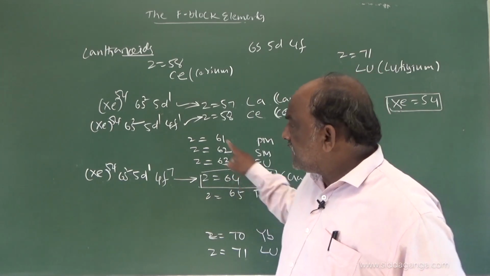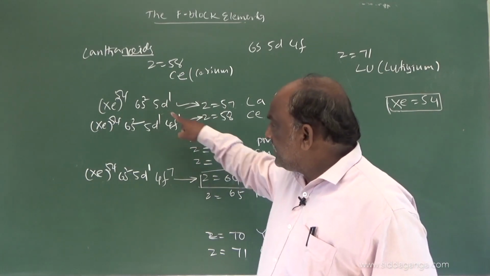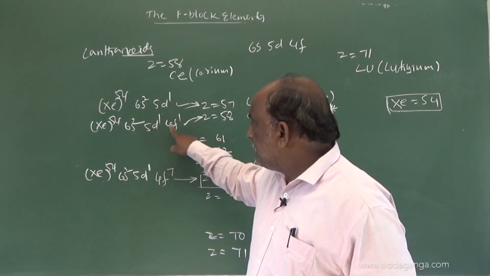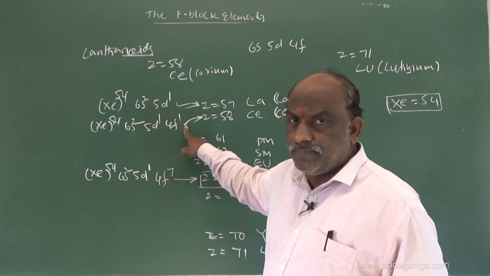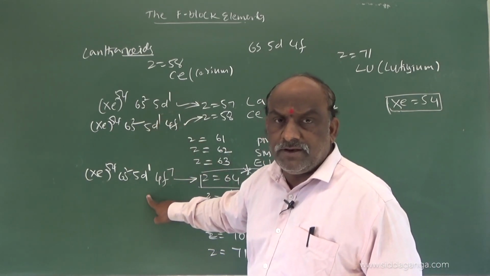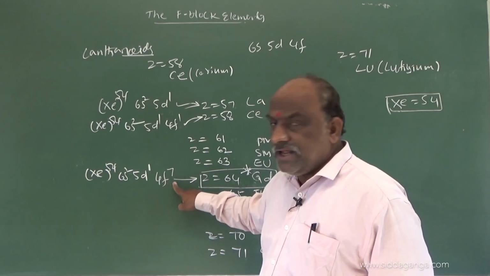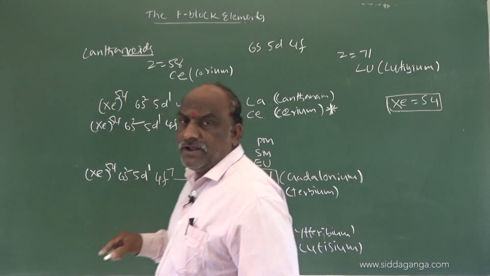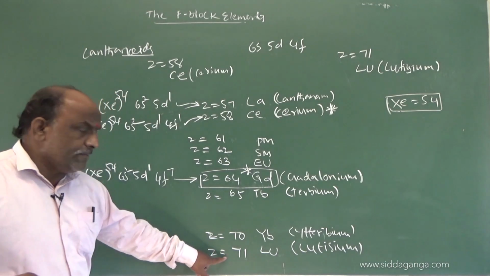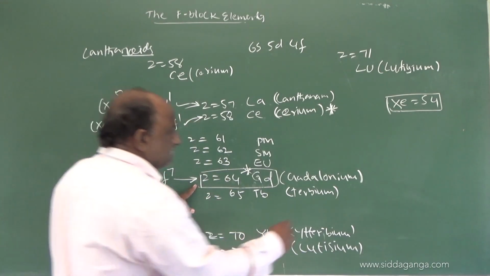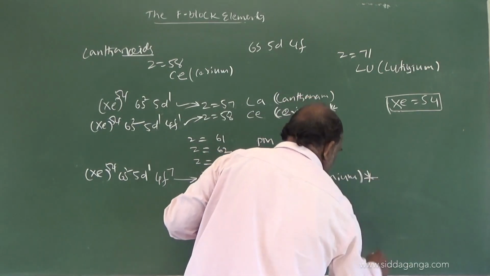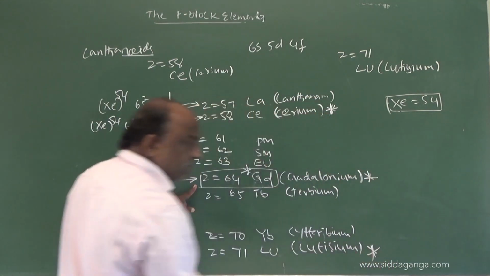Observe what I am saying: cerium 5d1, 4f1. Gadolinium 5d1, 4f7. Last, lutetium. You should give a star for gadolinium, and you should give a star for lutetium.